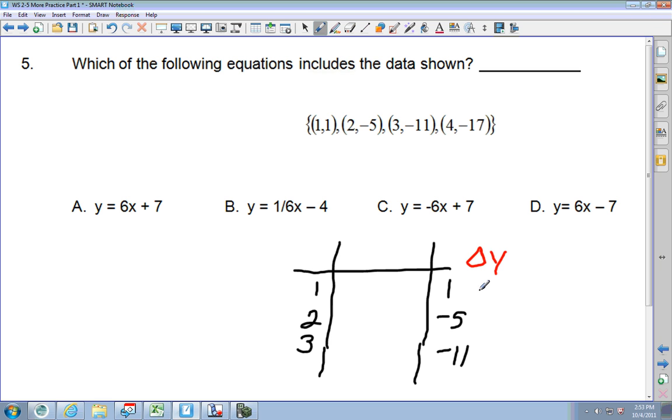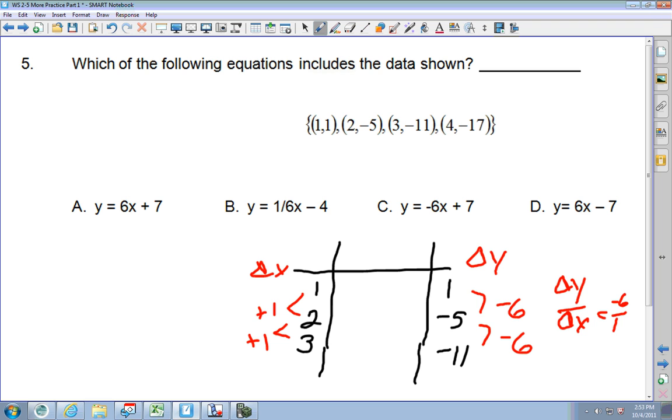Delta y is negative 6, negative 6, delta x, plus 1, plus 1. So I get delta y over delta x, and I have negative 6 over 1, which is negative 6. Heck, this is the only one with a negative 6. My answer will be C.